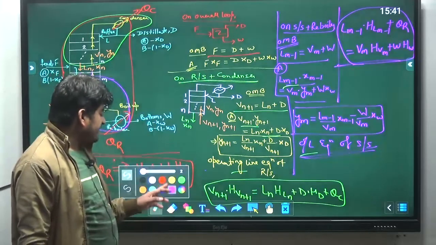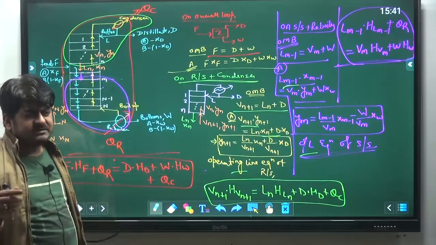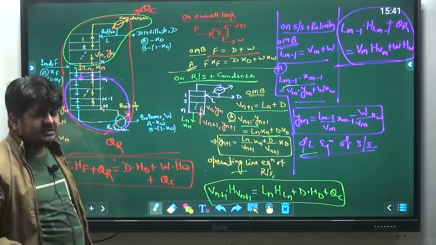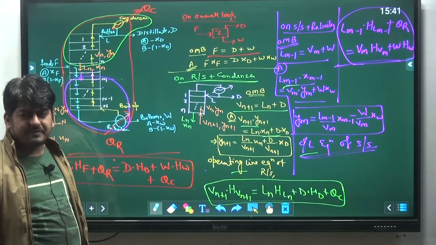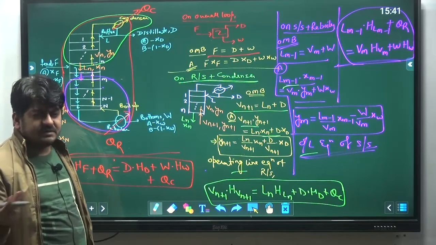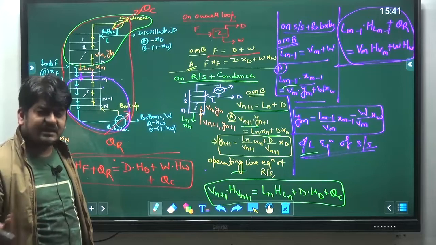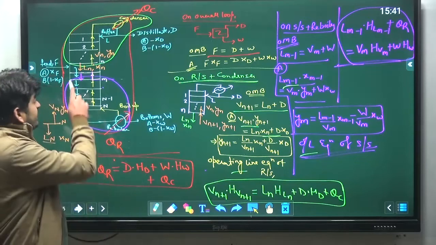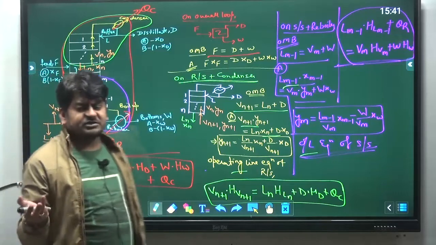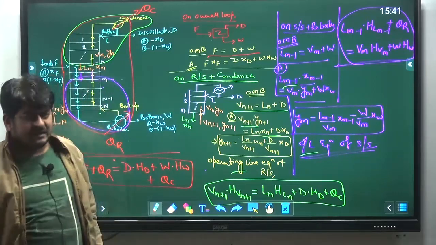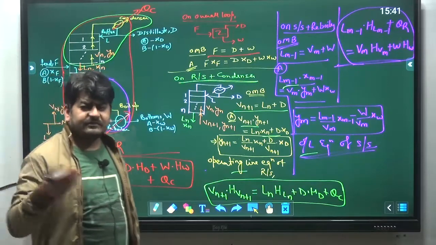Now here is one point which you will generally see in the literature. The flow rates of liquid and vapor in the rectifying section are represented by L1, L2, L3, V1, V2, V3. But for the flow rates of liquid and vapor in the stripping section, they use the notations L bar or L dash, that is L1 bar, L2 bar, L3 bar, or V1 bar, V2 bar, V3 bar.